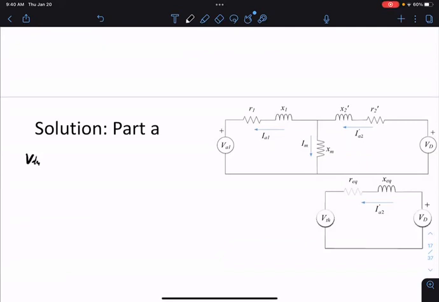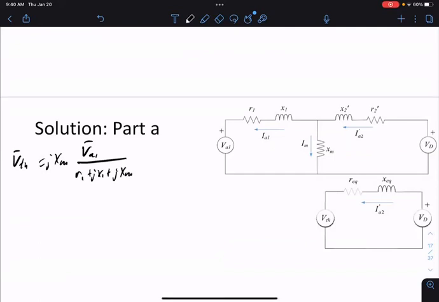So a Thevenin equivalent calculation, let's compute the Thevenin equivalent voltage for this. This is jXM, a voltage divider, R1 plus jX1 plus jXM.